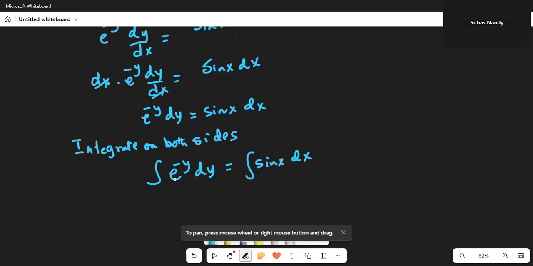Now the integration of e to the power of minus y is minus e to the power of minus y, and the integration of sine x is minus cosine x plus C1, where C1 is the integration constant.